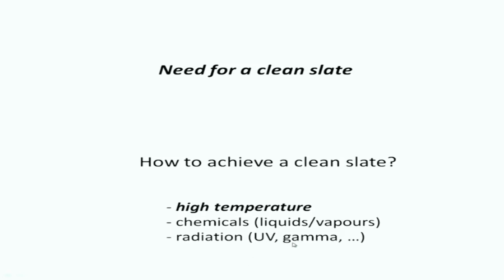And radiation such as UV and gamma rays, as we mentioned, are used to kill the organisms in places where you probably cannot use high temperature or chemicals. So, these are some of the common sterilization methods used to achieve the clean slate for a bioprocess to begin. I think we will stop here for this lecture.